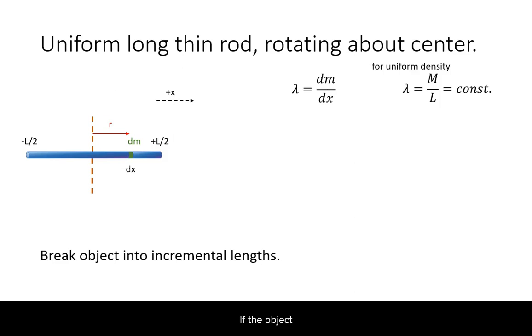If the object is uniform, then this density will be constant throughout.